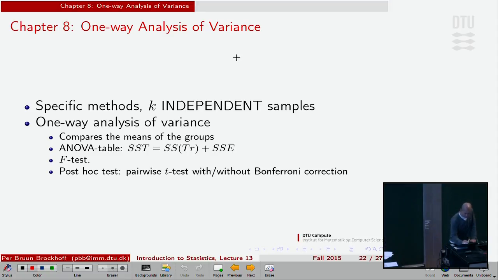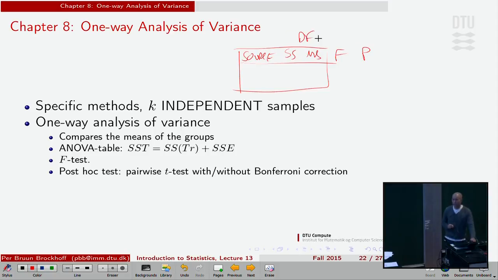Then we learned that we could make this an ANOVA table where we have the source, the sums of squares, the mean square, the F, and the p-value. And sometimes we also see the degrees of freedom in this table. It's spit out to us by R, as it would be by any software out there.